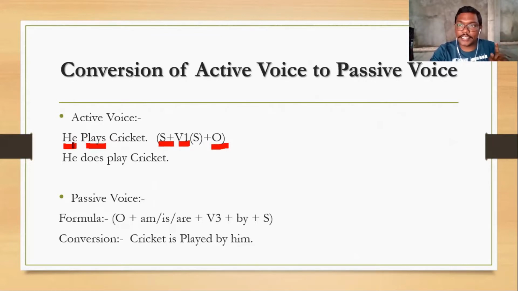As he is third person singular, we have used play plus s, and cricket is the object. If you want, you can extend it: he plays cricket every Sunday or daily. Why? Because simple present deals with habitual actions as well as daily actions, so you can add extra words like every Sunday or every day.